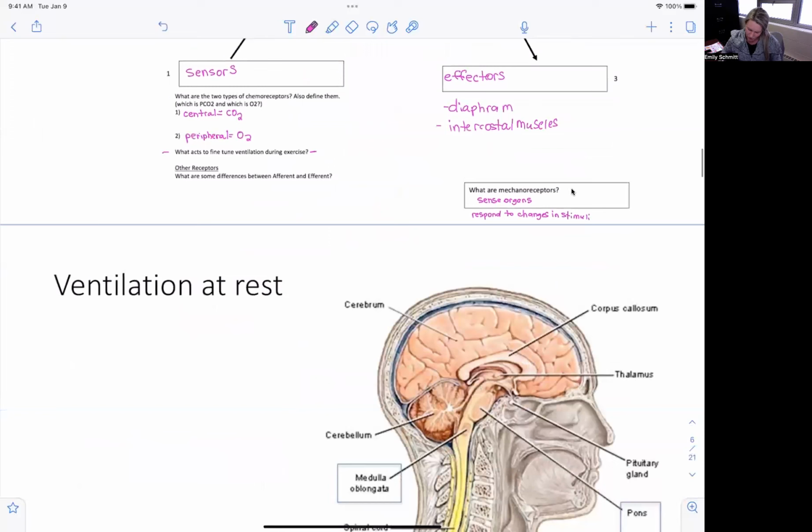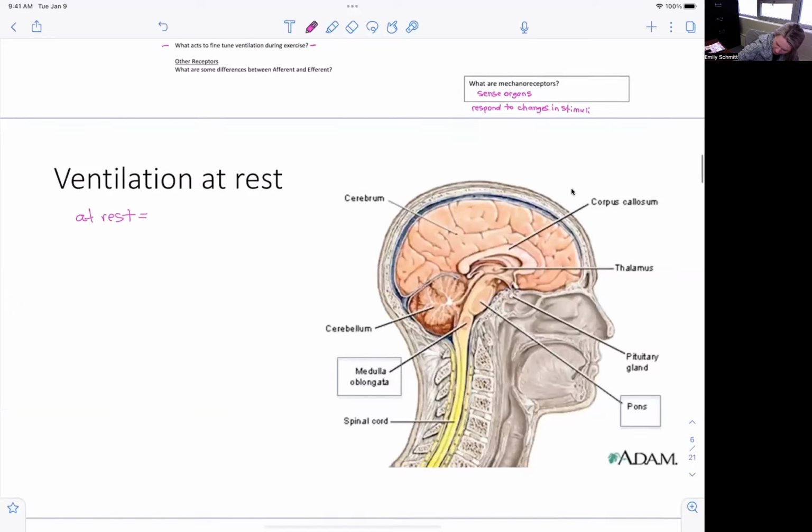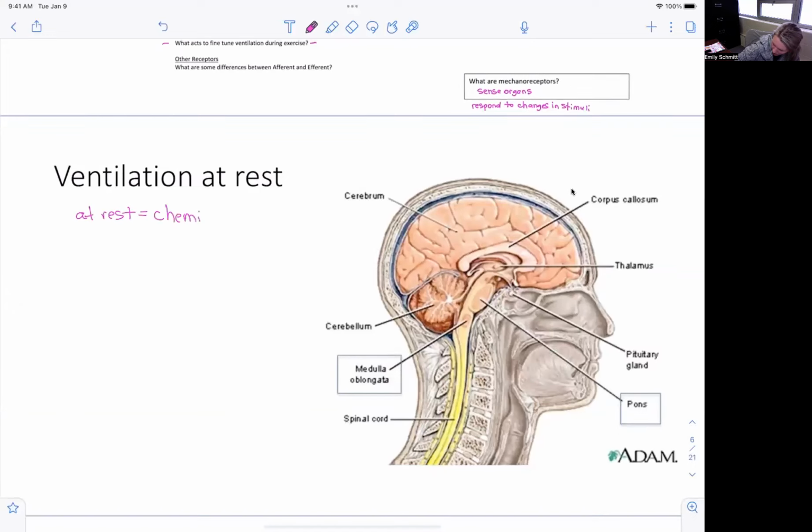Again, just to review ventilation at rest. At rest, remember, the chemical state of blood controls ventilation.